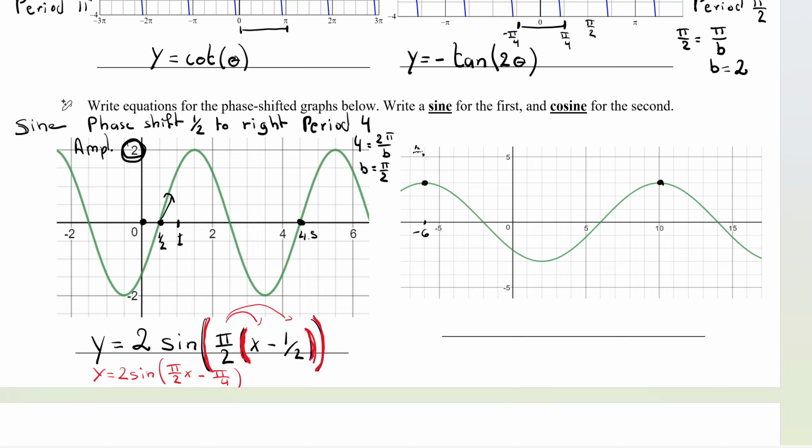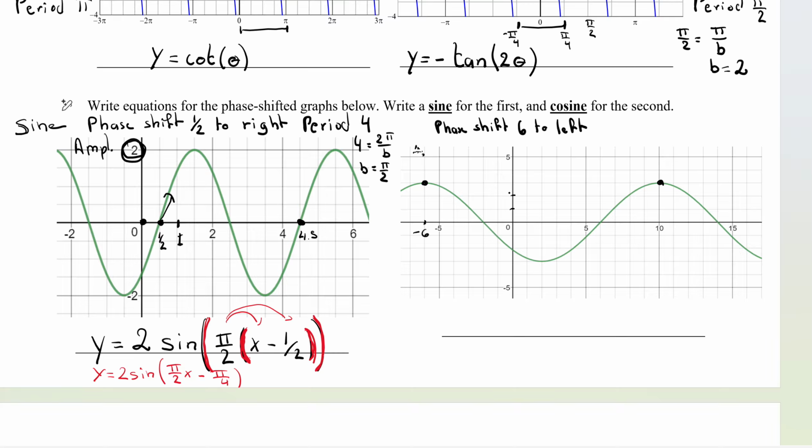So I'm going to say the phase shift is 6 to the left, because that's what I'm using, -6. And then up here, now we have to pay attention to the scale. I'm at 5 up here, so 1, 2, 3, 4, 5.